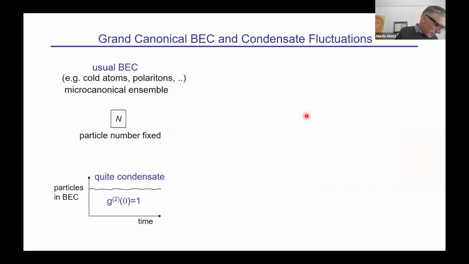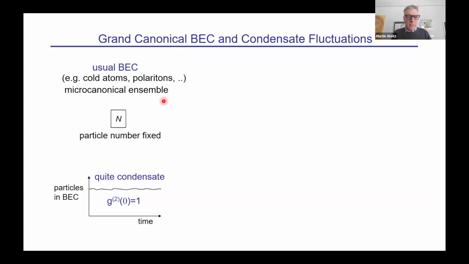As the last slide in this first half, a further property of such condensates is that it's a grand canonical condensate. Regarding the background, usual Bose-Einstein condensates, for example, cold atoms and polaritons, operate in the microcanonical ensemble.